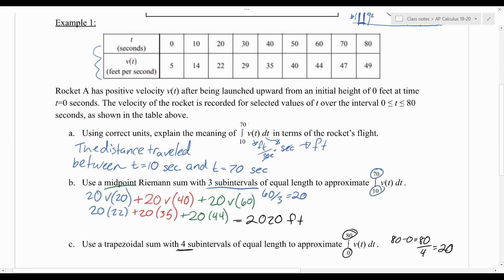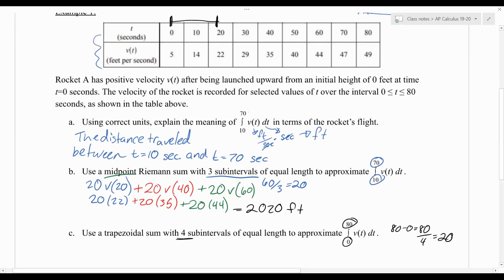Notice in this one, I'm starting at 0. So starting at 0, 20 over, then I have 20 to 40, 40 to 60, and 60 to 80. Those are my 4 subintervals of equal length.